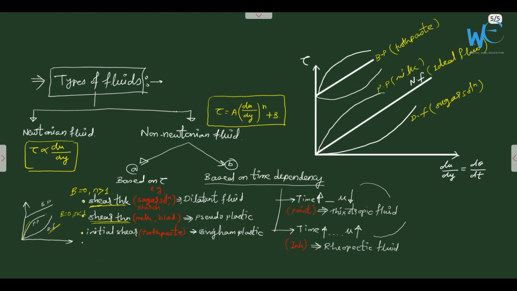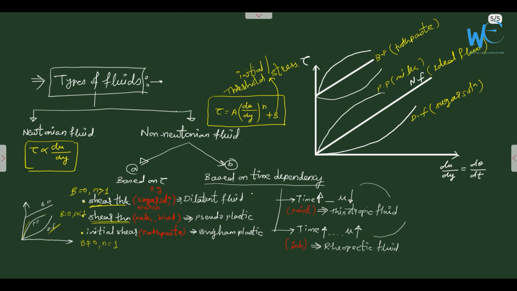And for initial shear, B is not equal to 0, because there is some initial or threshold stress. So B is not 0, and here N is equal to 1.